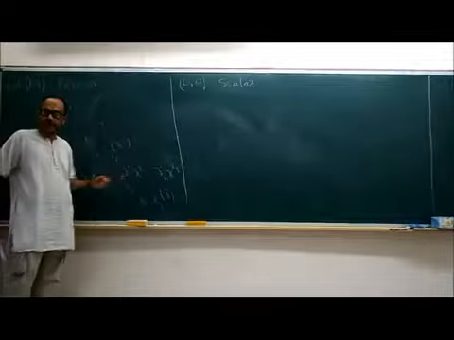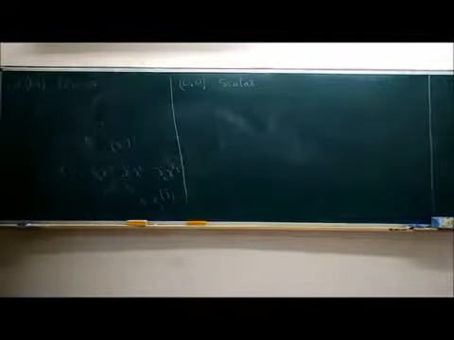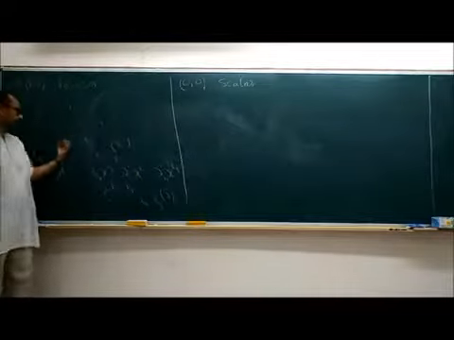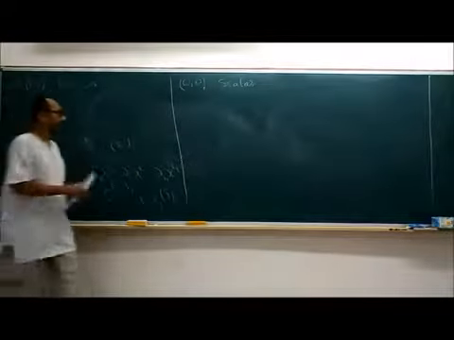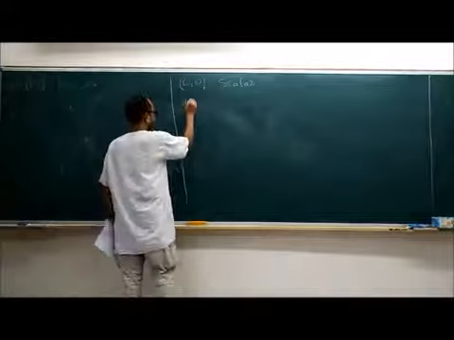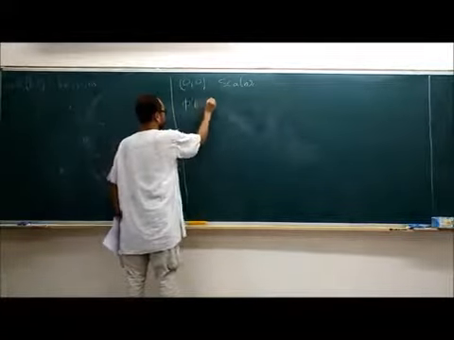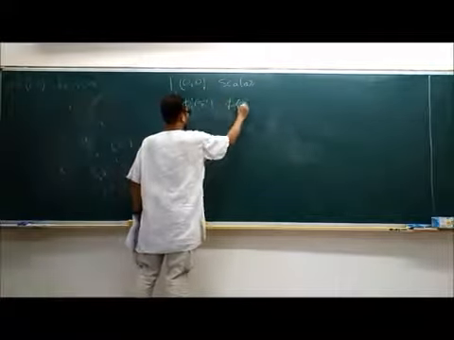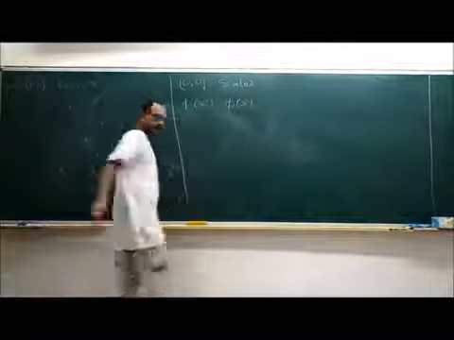And there are some special cases of this. Rank (0,0) means that if you have a scalar phi, then phi prime of x prime is equal to phi of x. Very simple transformation.